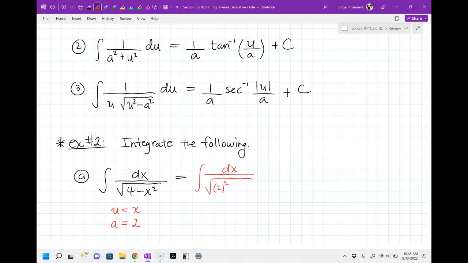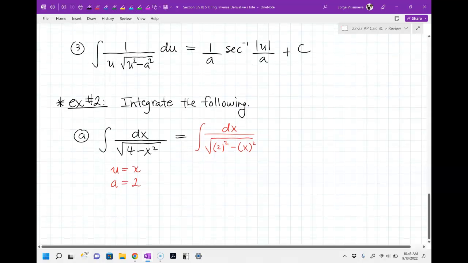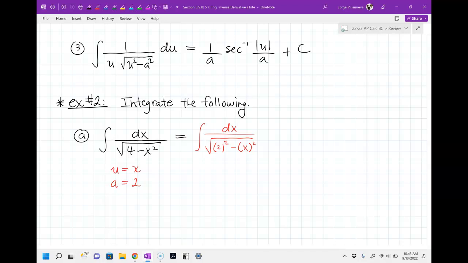So 2 squared minus x squared. So my u is x, my a is 2. Now that I know what u is and what a is, then I just got to use my definition. Sine inverse of u over a, x over 2, plus c, and I'm done. That's my answer.